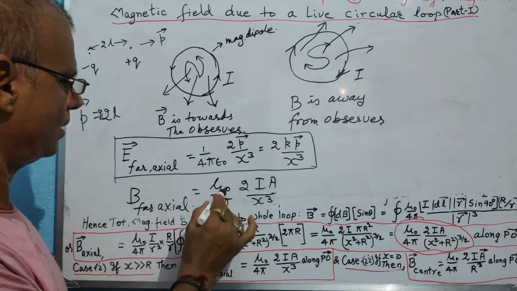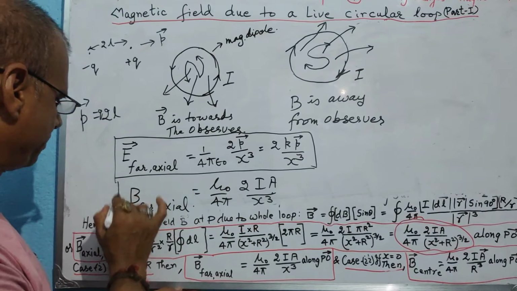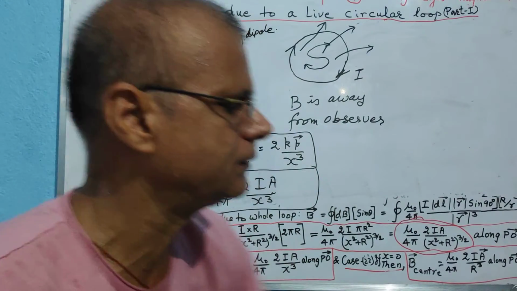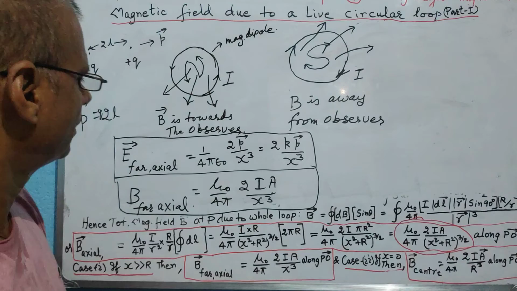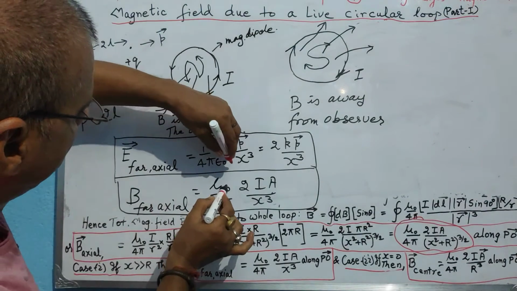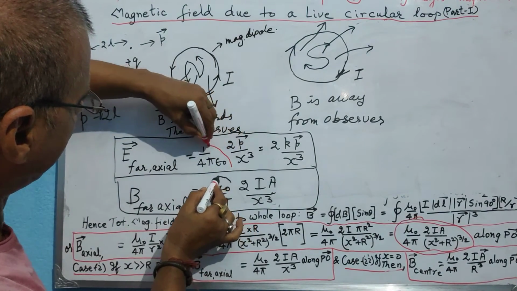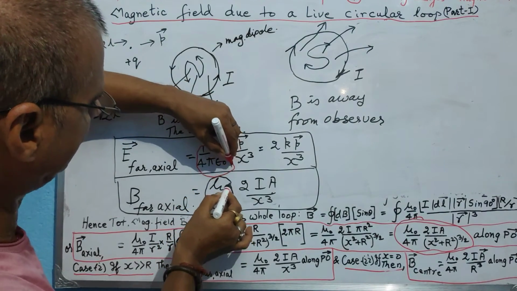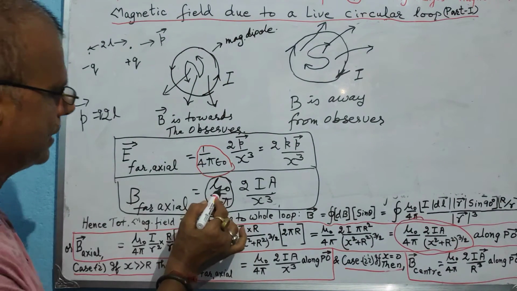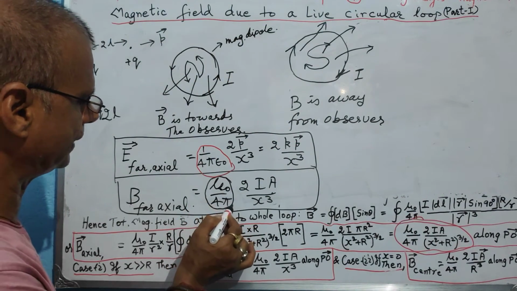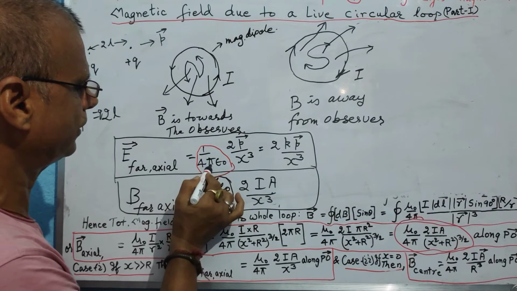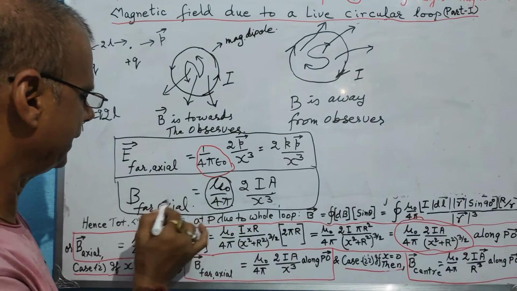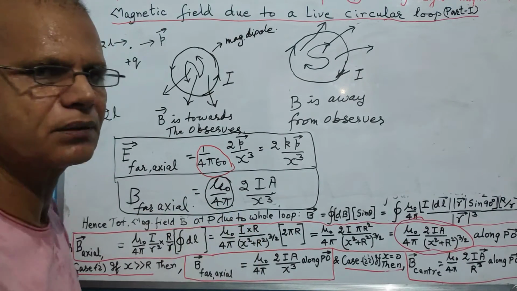Okay. So when you compare these two expressions, you have the constant for the electric field appearing in the expression for the electric field, and the constant for the magnetic field appearing in the expression for the magnetic field.